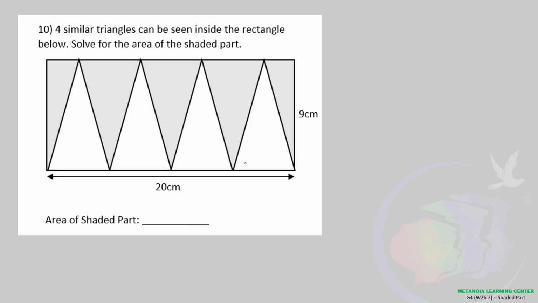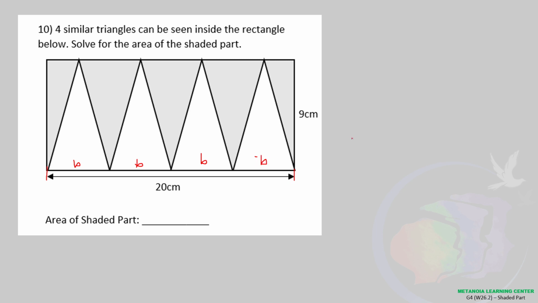So for number 10, 4 similar triangles can be seen inside the rectangle below. Solve for the area of the shaded part. Okay, so we can see 4 similar triangles shading the length of the rectangle. You have one base here, another base here, another base here, another base here.